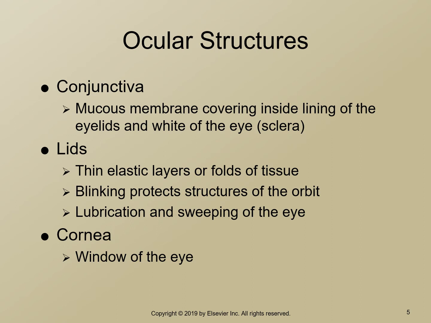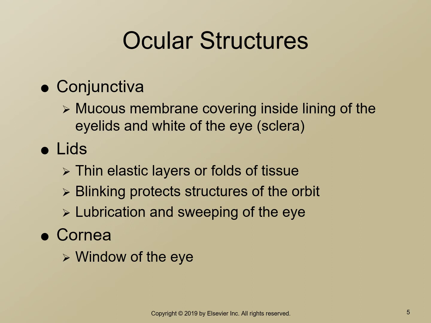The eyelids, as mentioned before, are thin elastic layers. They are the thinnest skin covering the body. The blinking action of the eyelids and conjunctivae helps keep the cornea and sclera lubricated and sweeps away debris and potential pathogens. The eyelashes also act as a filtering and monitoring system that alerts the brain to potentially harmful agents.